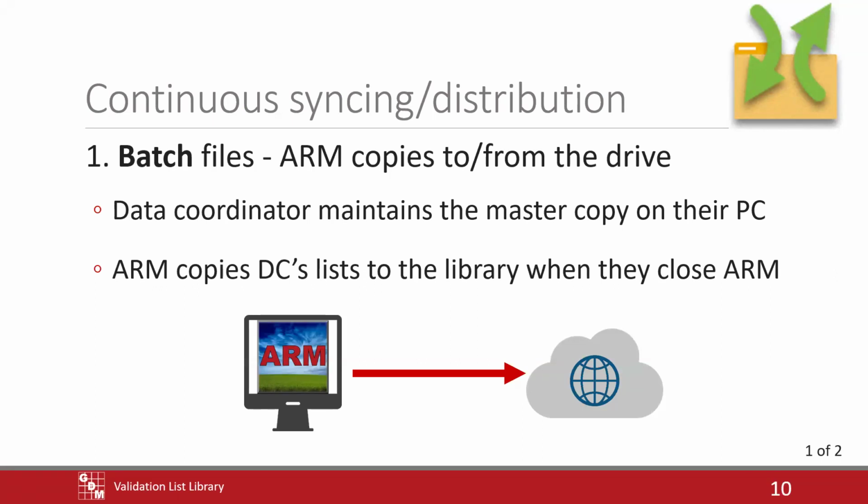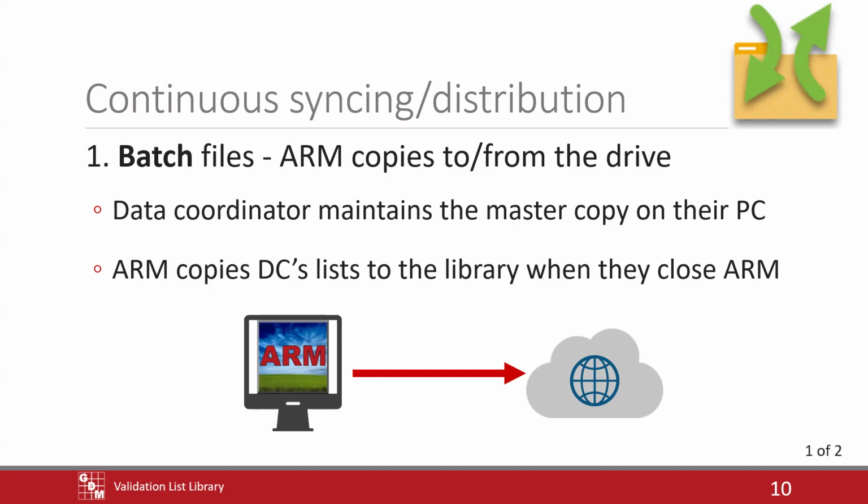So just like with all of these, we start with a data coordinator. Somebody has the master copy of the files on their computer. And what these batch files that we create do is trigger your ARM, specifically the data coordinator's ARM, to copy their lists to a cloud location, the validation list library, if you will.